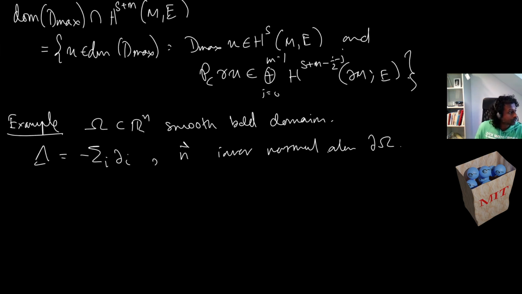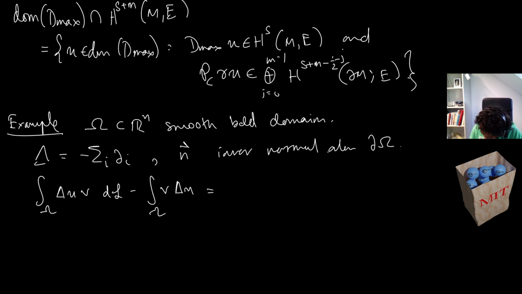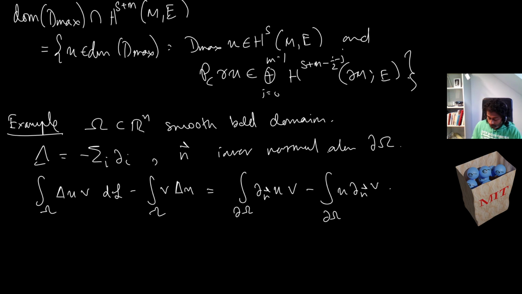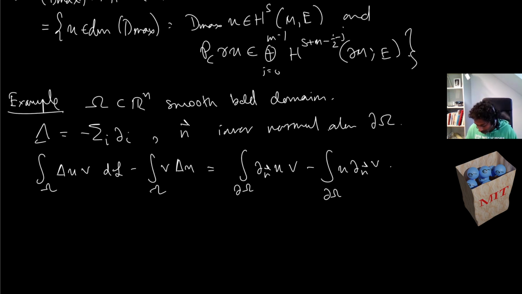So what do we have? Remember we have the following integration by parts formula. The integral of the Laplacian of u times v, with respect to Lebesgue measure, minus u times the Laplacian of v, is precisely going to be equal to the boundary integral of this boundary term minus the boundary integral of the other boundary term with v. And this is with respect to the Hausdorff measure on the boundary, if you like.